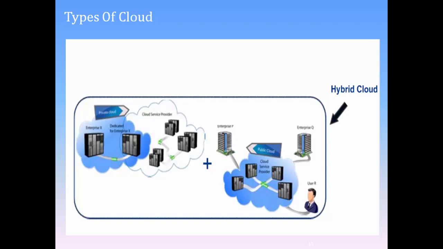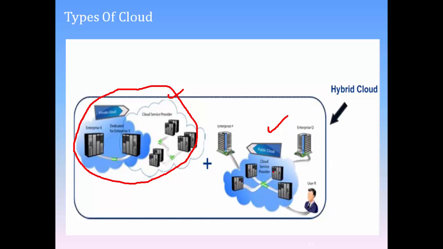Hybrid cloud, the third one, is a combination of both. I have my own data center, and I require some more resources. Say it's a 6-month project. If I purchase all this hardware, after 6 months it's useless.